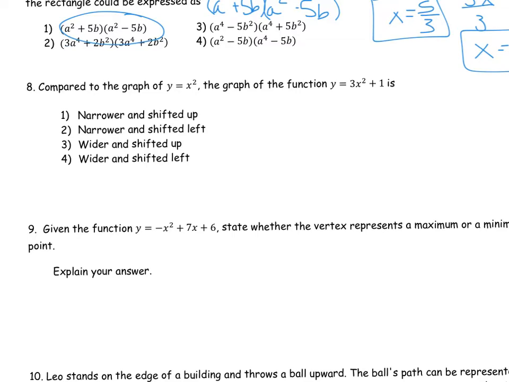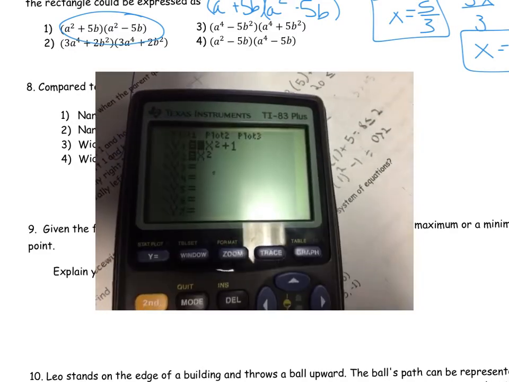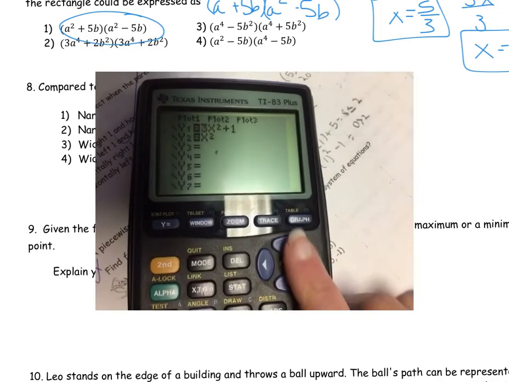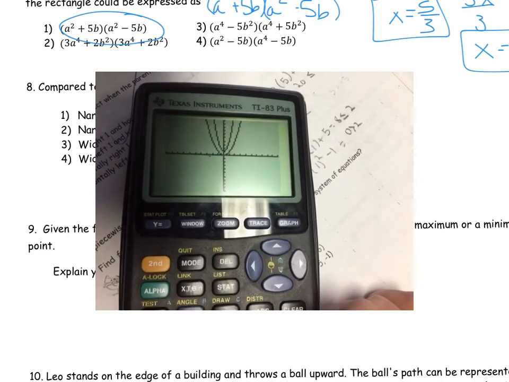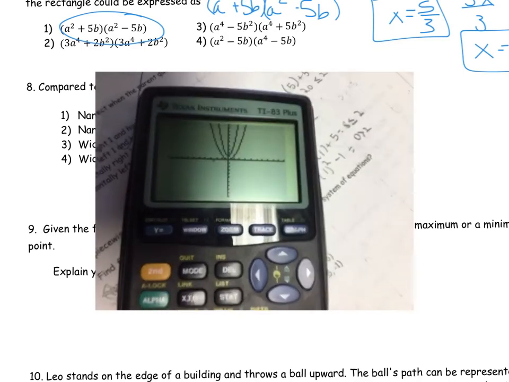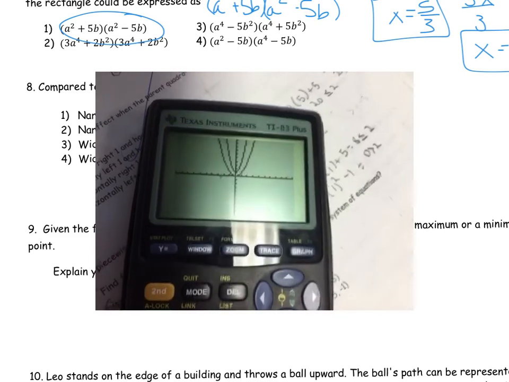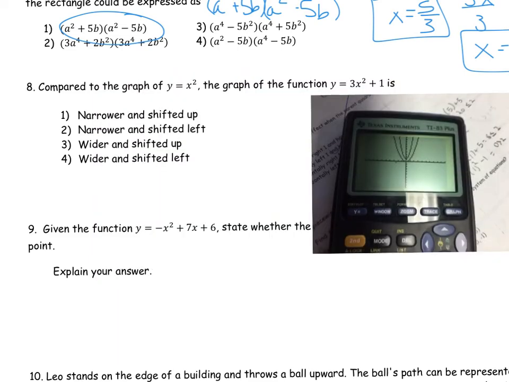So I have x squared in y2 and 3x squared plus 1 in y1. This fat one here, that is x squared, and the little one is 3x squared plus 1. So it's shifted up, and it is narrower. So the answer to this question will obviously be choice 1. Wow, a lot of ones.